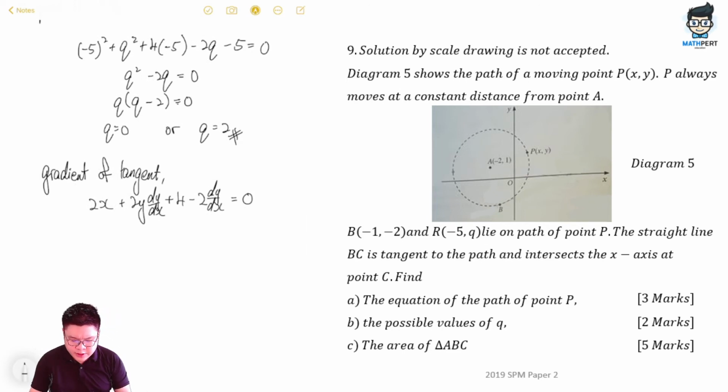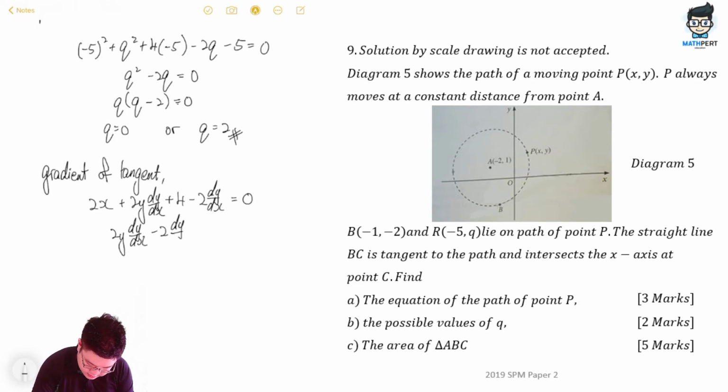Alright, so let's rearrange it to make dy/dx the subject. We leave 2y dy/dx minus 2 dy/dx equals negative 2x minus 4. Then we factor the dy/dx out. I get dy/dx times (2y minus 2) equals minus 2x minus 4.